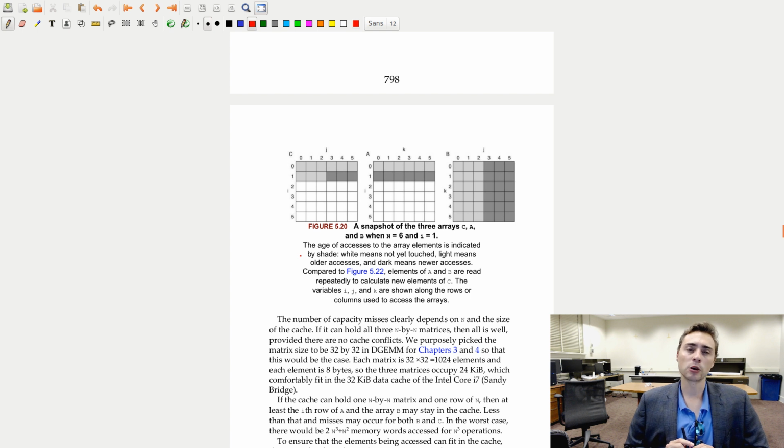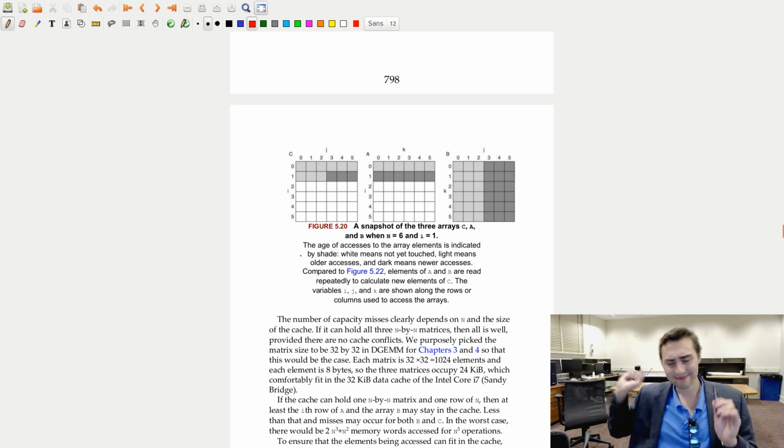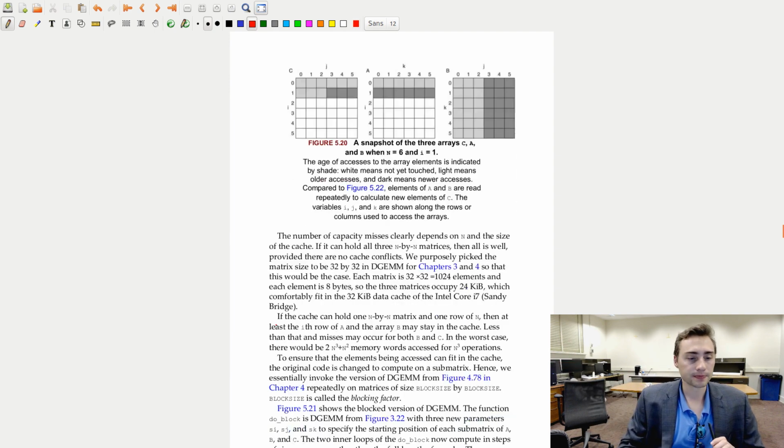It's where we exploit the structure of the cache to design our algorithm so that it fits completely, say, within the working set of the cache. If we can fit everything in the L1, that's great for us. If we can fit it in the L1 and the L2, and we don't have to go all the way to main memory, we'll take that as well.